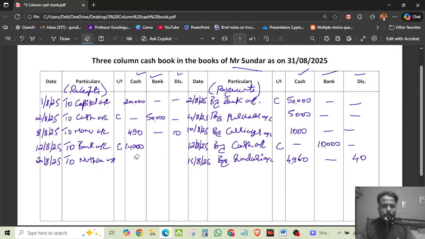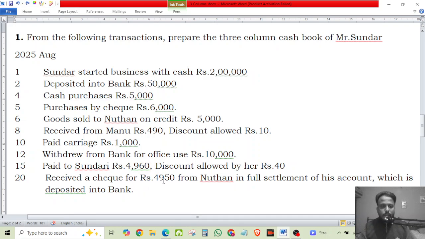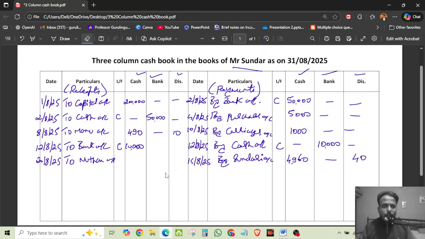So whatever check is received, yes, it is correct, 4,950 you have to write in the bank column. If the check is received on one date and deposited on some other date, then we have to enter this 4,950 in cash. Then there will be one more contra entry for the depositing date separately, if it is given. Here the check receipt date as well as the deposit date is the same, so I am directly writing in the bank column.